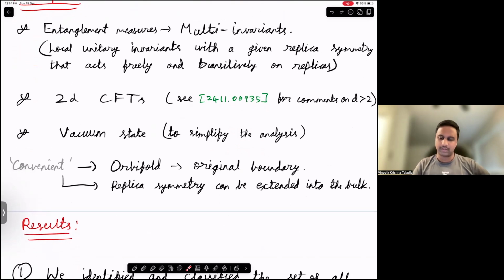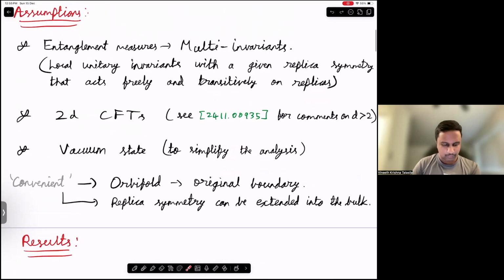And we will further restrict our analysis to 2D CFTs. And we do have some comments for higher dimensional CFTs, but please refer to the paper for that. And we'll further restrict to the vacuum state to do some explicit computations, but our ideas are more general and they can be extended to more general holographic states.